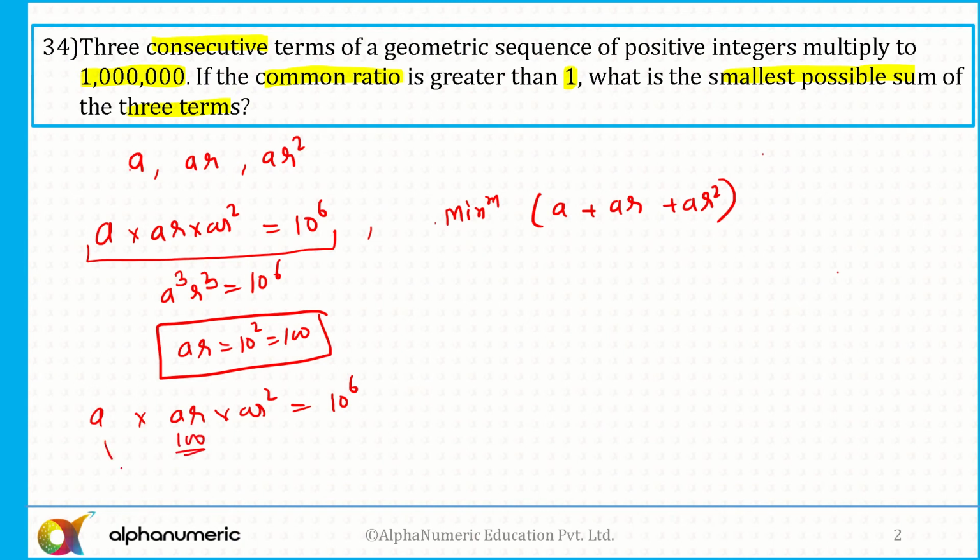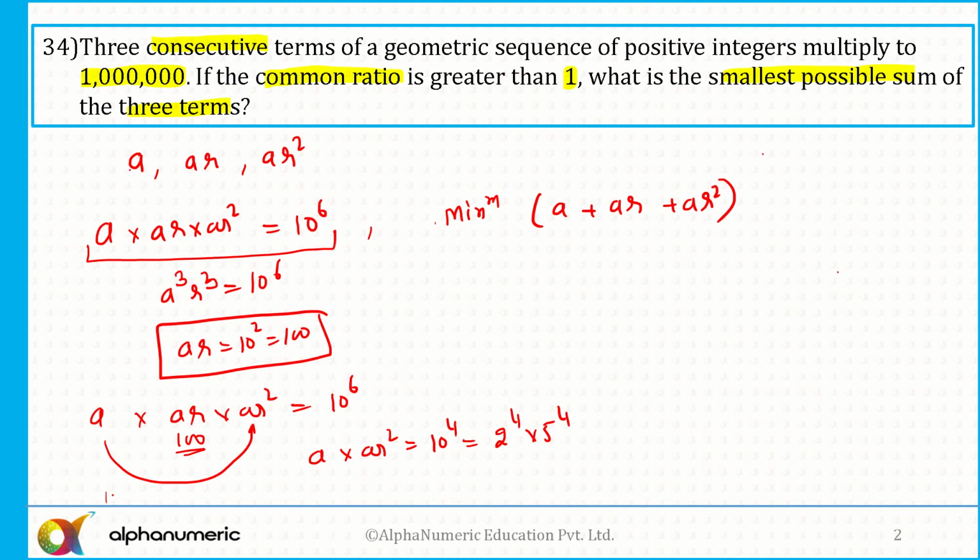So we know that the product A into AR square is equal to 10 raised to the power 4, which is nothing but 2 raised to the power 4 into 5 raised to the power 4. As we have discussed, we can't take these two terms equal because if they are equal, all the three terms will be equal and the common ratio won't be greater than 1. So this should be as close as possible to 100.